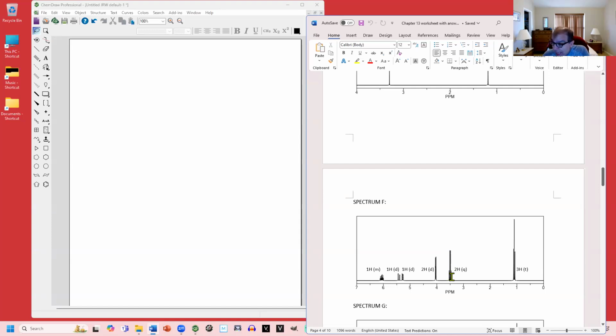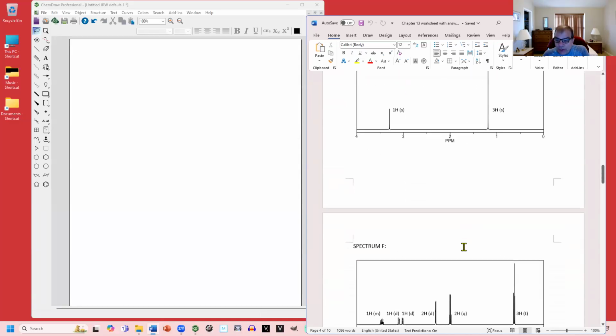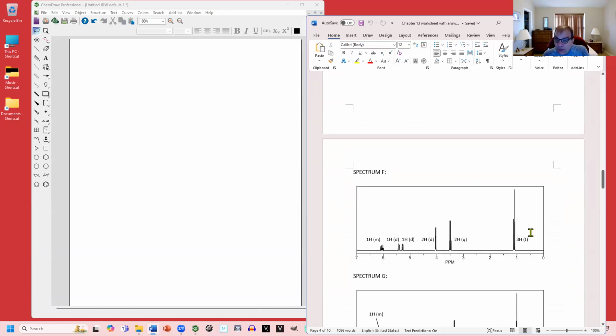We usually find that with hydrogens that are alpha to oxygen or halogen or something electronegative. So that must be a CH2O. Those H's must be alpha to an oxygen. If the oxygen were not there, then we would expect the CH2 to be much further upfield, at maybe 2 or something like that. Kind of like we saw in this spectrum, in spectrum F.